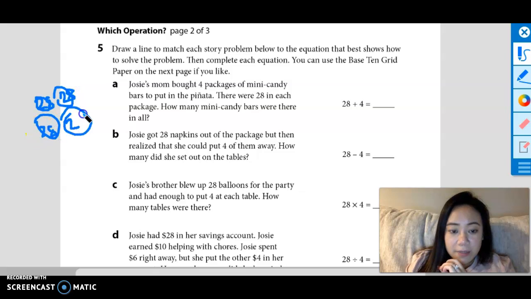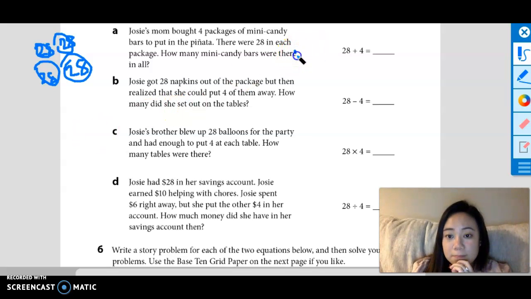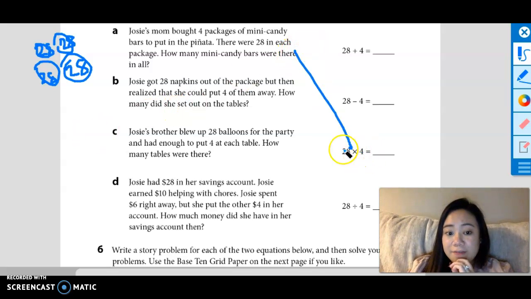How many candy bars in all? Which one of these looks like it represents that? There's 4 groups of 28, or 28 groups of 4. And then you have to solve it.